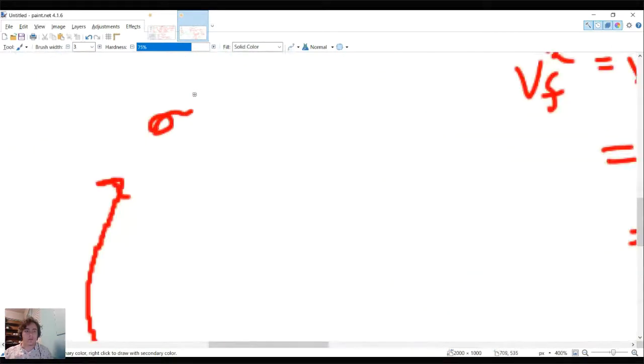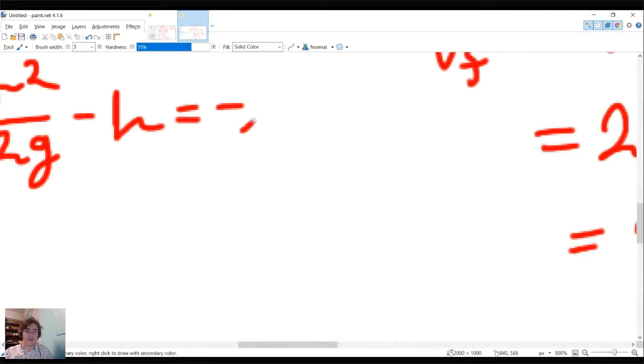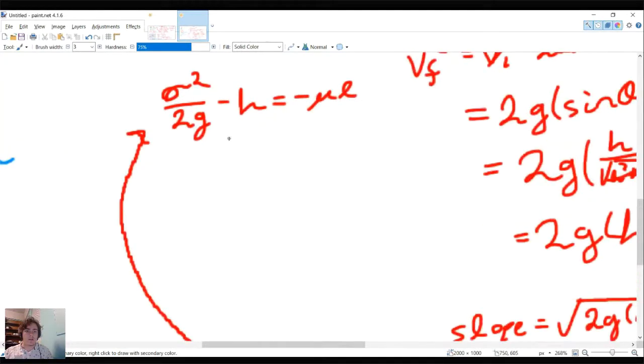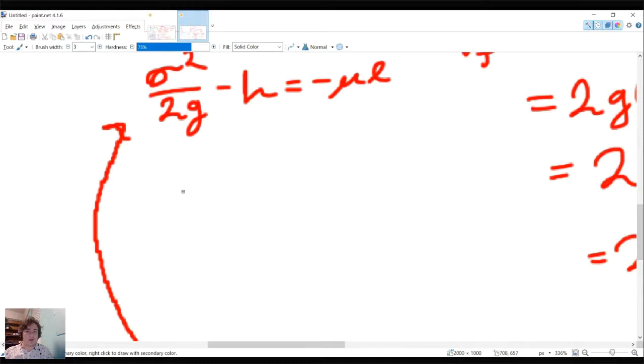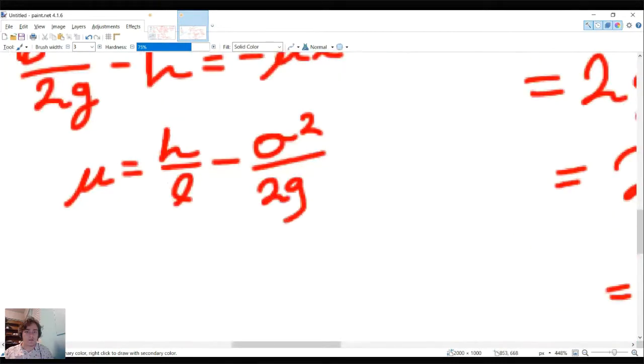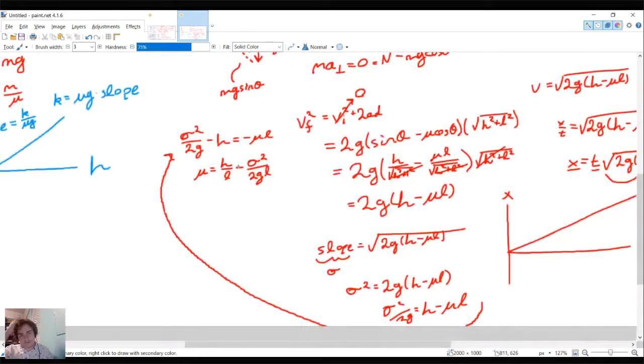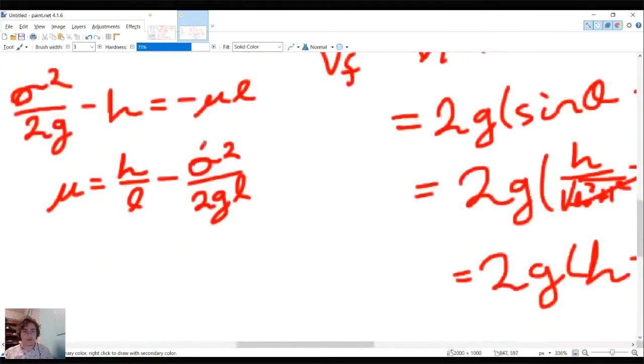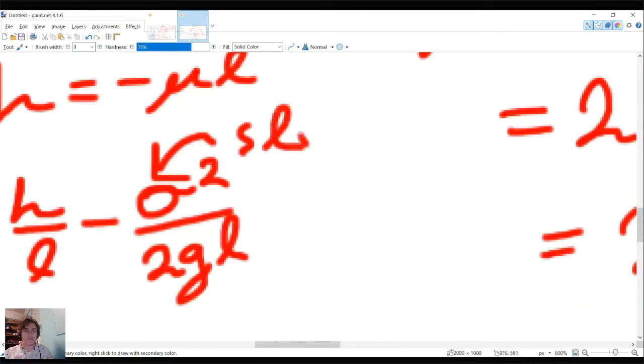So we have sigma squared over 2g minus h is equal to negative mu L, and we're going to divide both sides by negative L. So we'll get mu is equal to h over L minus sigma squared divided by 2gL. And this sigma means the slope of the graph.